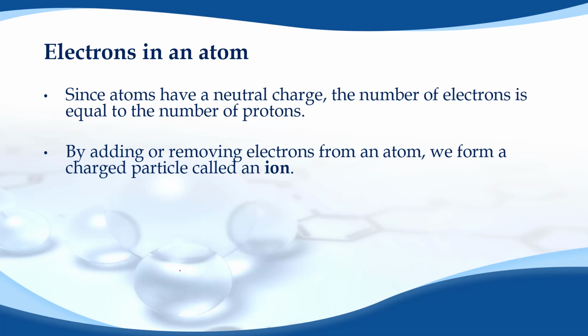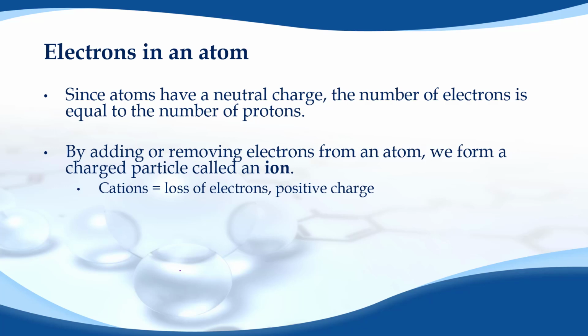Now, our first type of ion is the one that's going to have a positive charge. A positive charge comes from a loss of electrons, and this is what's called a cation. So if losing electrons is a cation, what do you think gaining electrons is going to be called? No, it's not a dog ion.